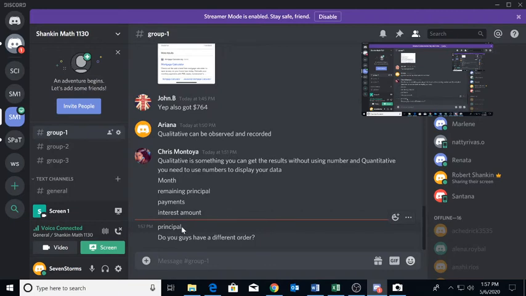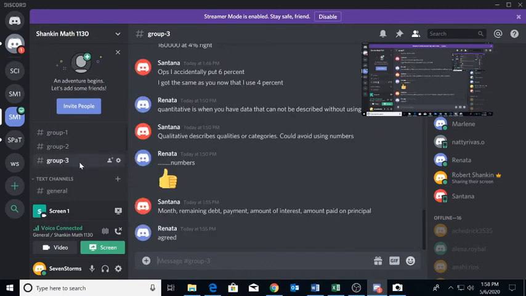I like this, and the principal would be the amount paid towards principal from the payment. From the payment, there was an amount that went to interest, and then there was an amount that went to principal. And I think that's the same thing that we're seeing right here. Month, remaining debt, the payment, the amount of the payment that went to interest, and then the amount of the payment that went to principal. All right, yep, this would do it.